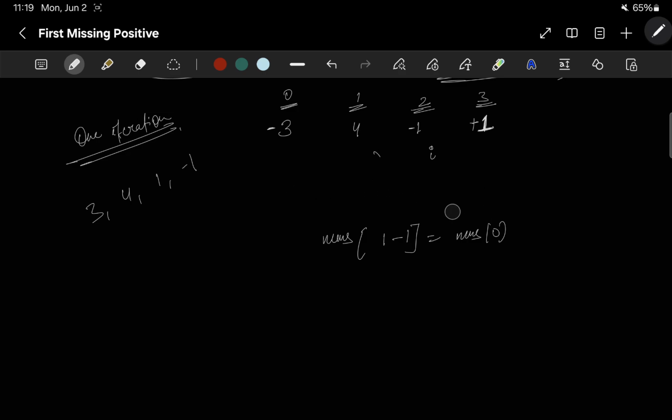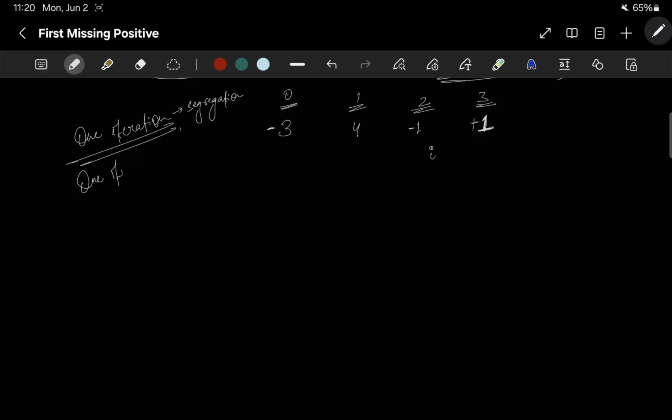Now what we need to do is start iterating again. So if you see, how many iterations have we done so far? One iteration for segregation, then one iteration for count of positive.